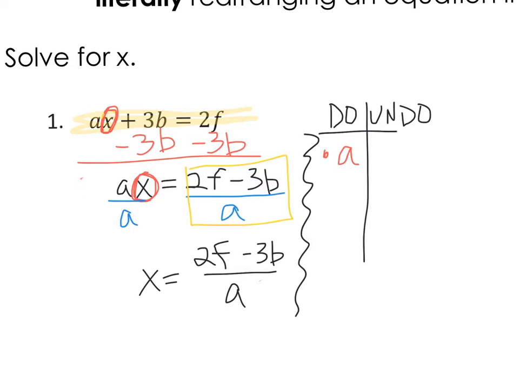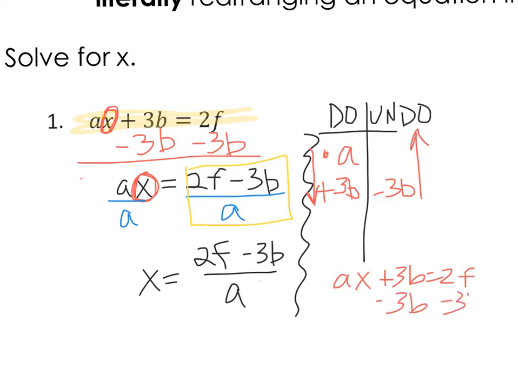The next thing I do is add 3b. If I'm doing it in that order, I need to undo it in the opposite order. The first thing I need to do is the opposite of plus 3b, which is minus 3b. So that tells me ax plus 3b equals 2f. That just gives me clarity that the first thing I need to do is subtract 3b.